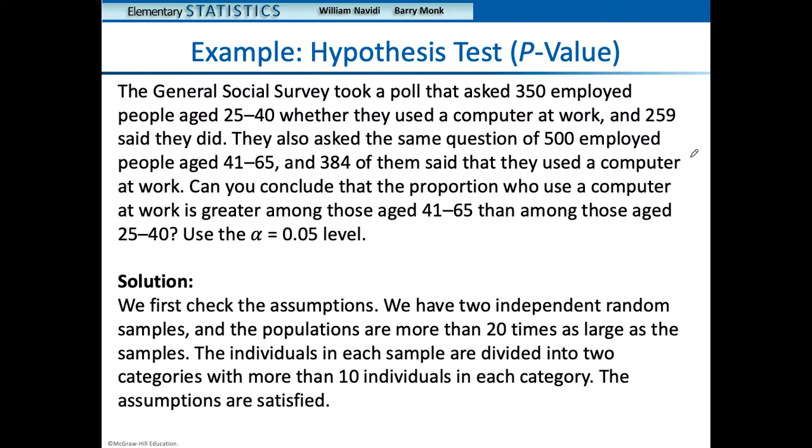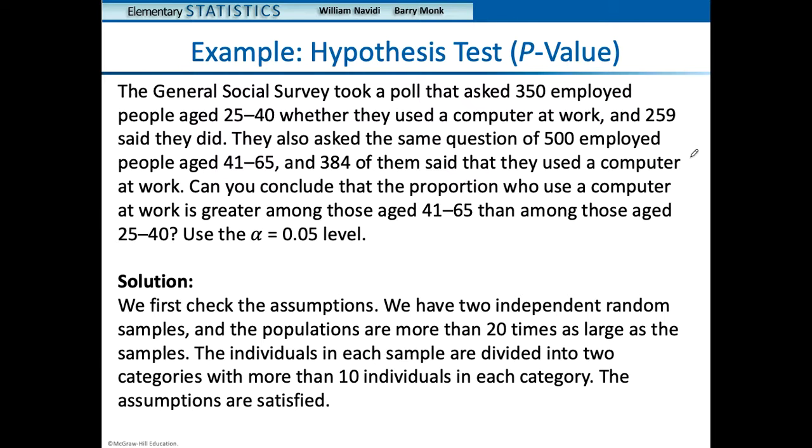First, it's a good idea to check our assumptions. We do have 2 independent random samples from 2 separate populations. The populations would be the population of all workers aged 25 to 40 and the population of all workers aged 41 to 65. Those are both very large populations, definitely more than 20 times as large as the samples.